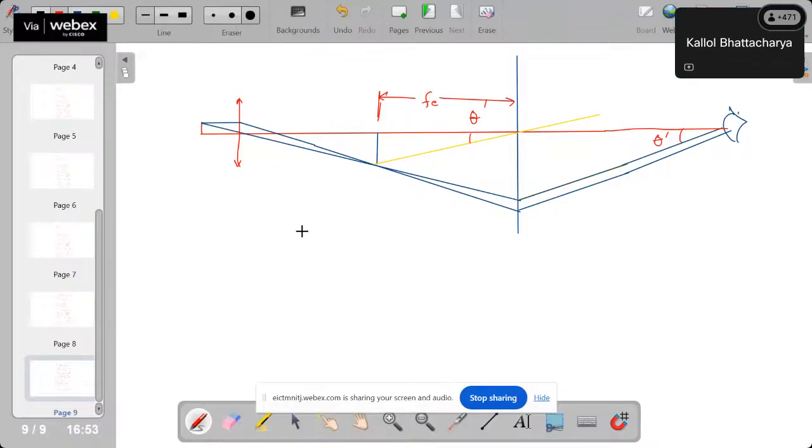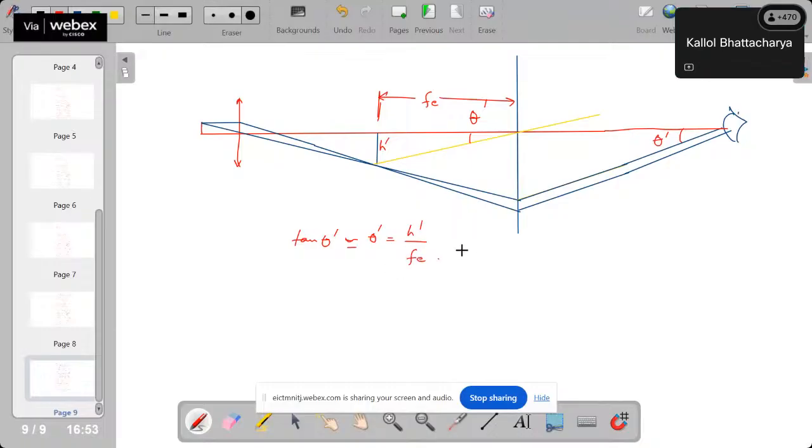Therefore, tan theta dash is approximately equal to theta dash, which is equal to the height of the intermediate image. Let us write it as h prime. So it is h prime by Fe.